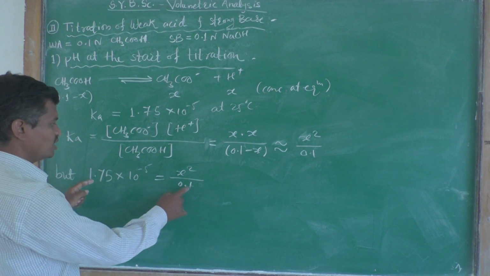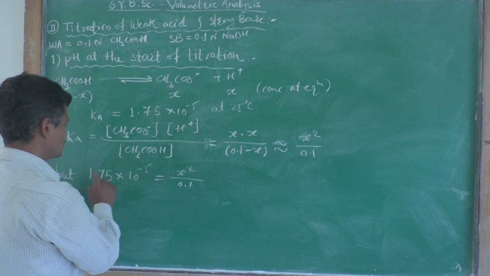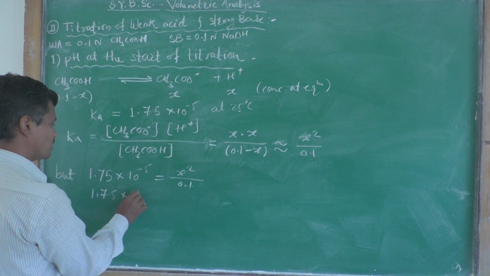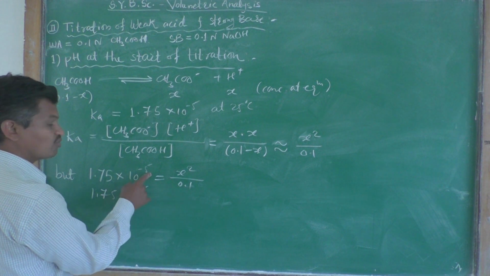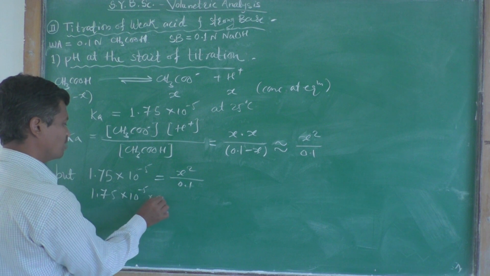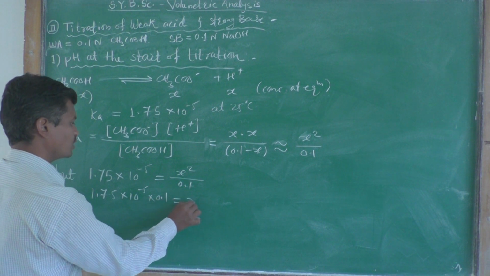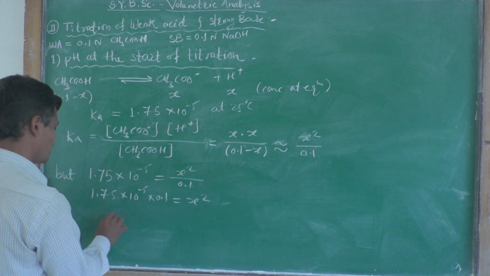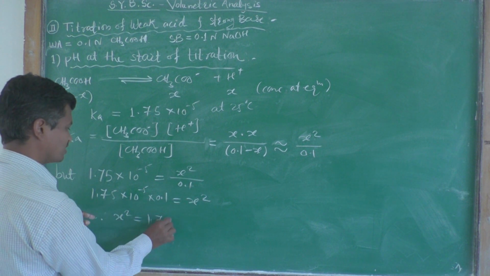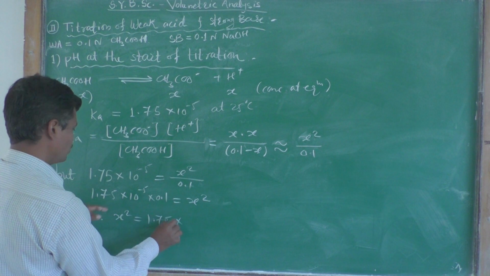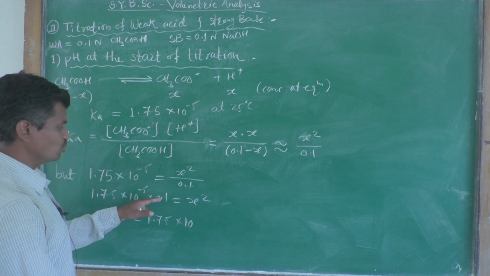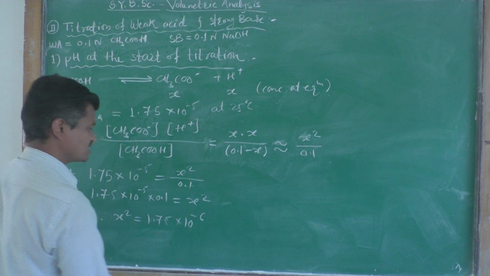This into 0.1 becomes 1.75 into 10 raised to minus 5 into 0.1, which is X square. So X square is equal to 1.75 into 10 raised to minus 5 into 0.1, which becomes 10 raised to minus 6.